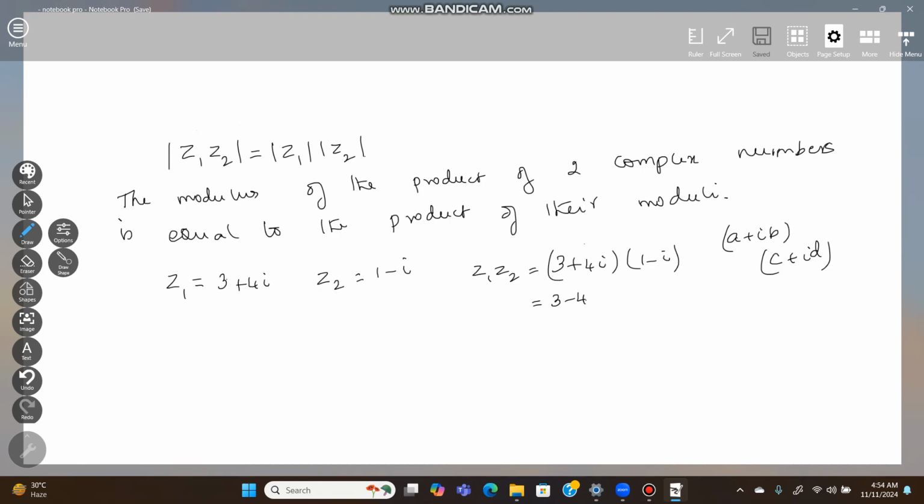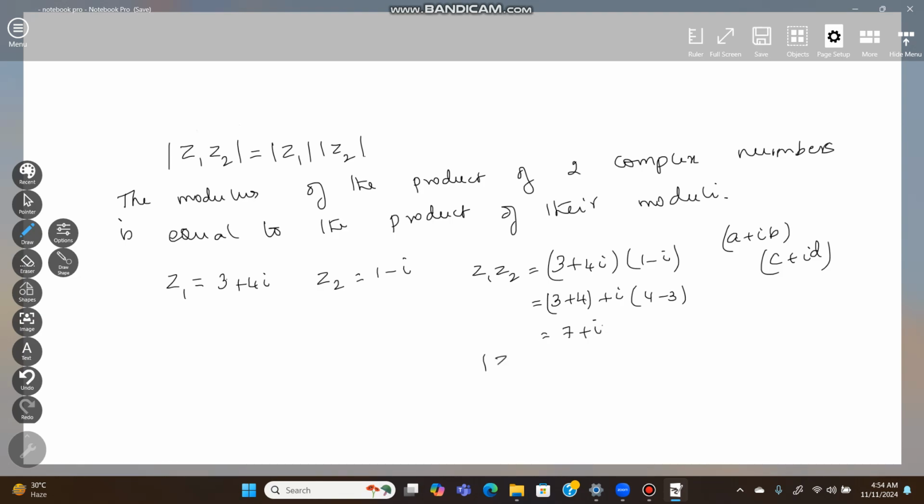Hence, in this case, it will be 3 into 1 minus 4 into minus 1, so this will become plus. And the imaginary part is i times 4 into 1 plus 3 into minus 1, which gives 4 minus 3. Therefore, the product of these two complex numbers turns out to be 7 plus i.